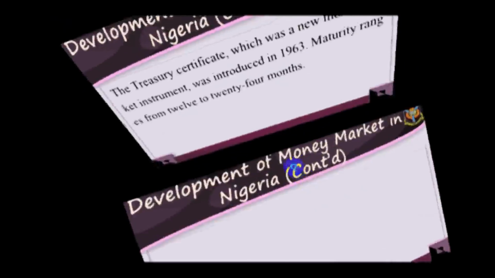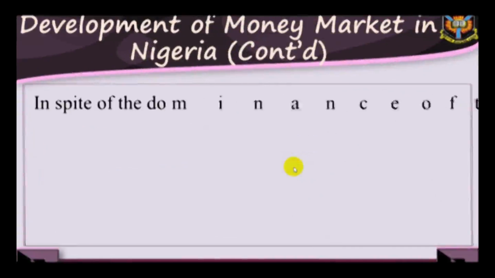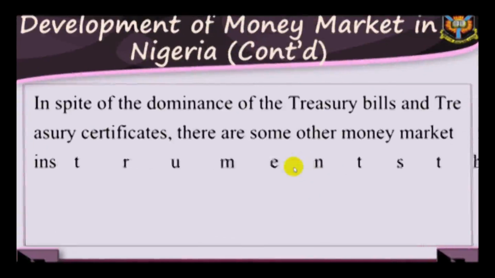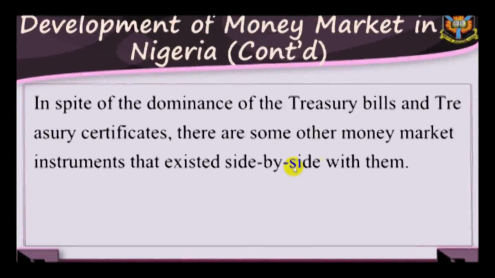This instrument widened the range of maturities of securities in the market and increased the amount of short-term finance available to the government. In spite of the dominance of the treasury bills and treasury certificate, there are some other money market instruments that existed side by side with them.